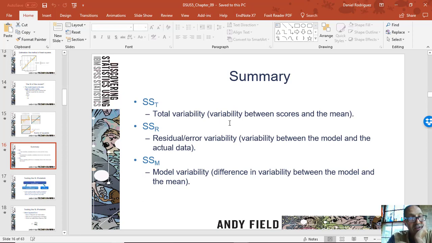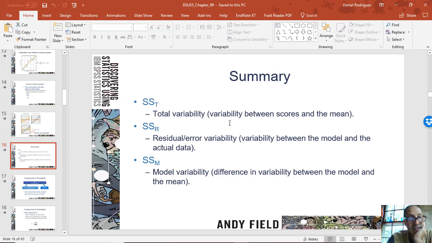The sum of squares value is the numerator for the variance formula. So the sum of squares total: we sum the difference between each value of y and its mean value, and square it. That's our sum of squares total.